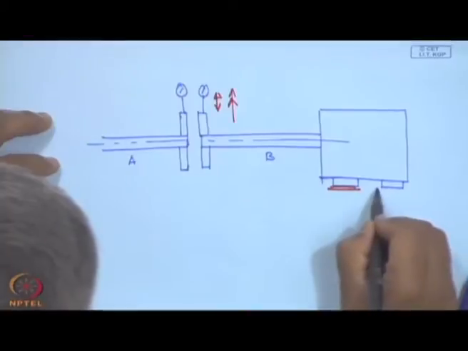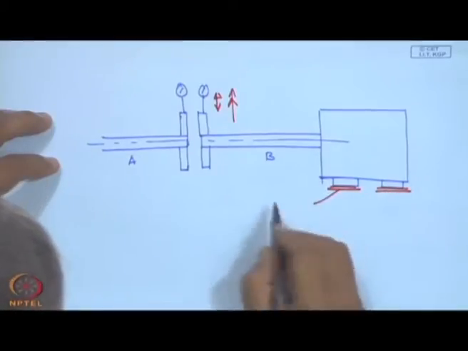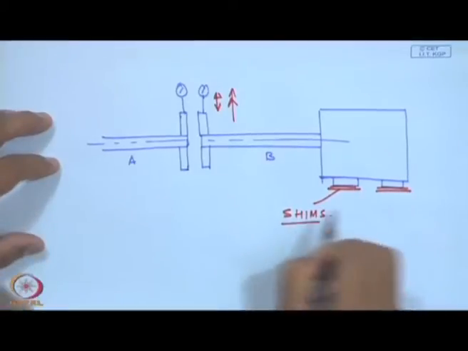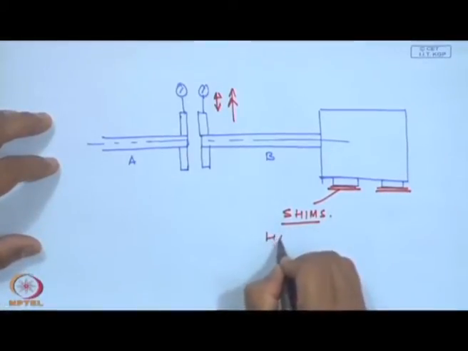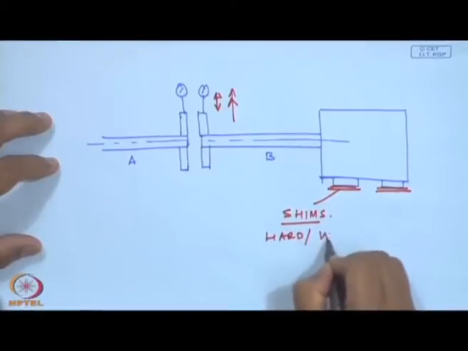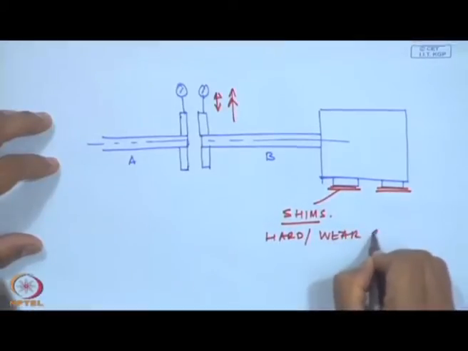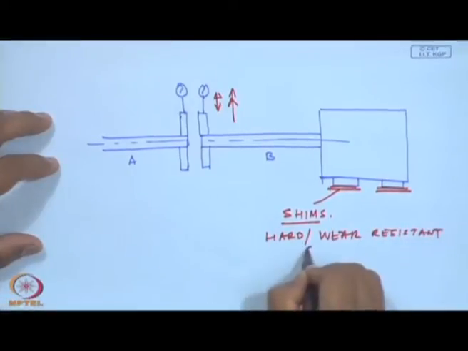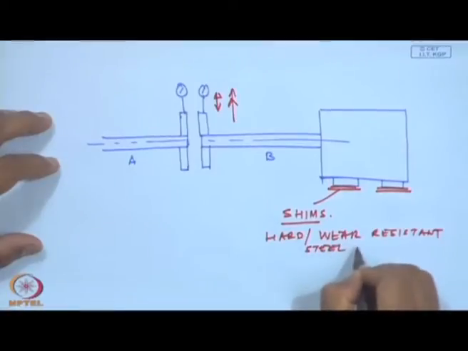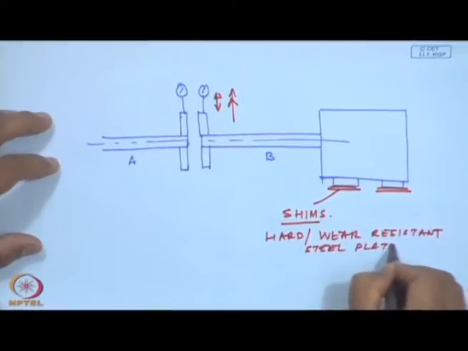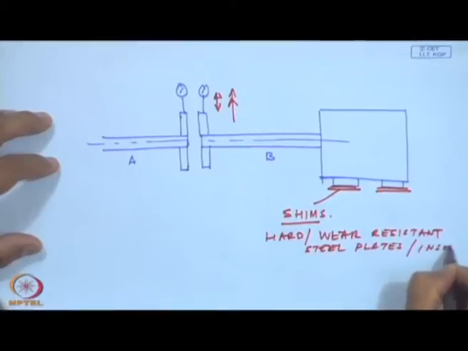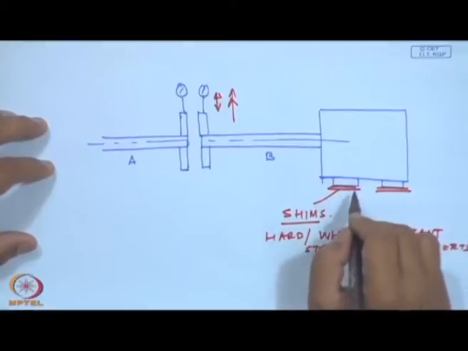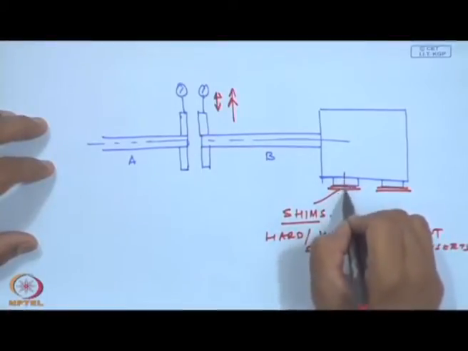In fact, in all of these foundations, there are very thick steel plates known as shims. Shims are very hard, wear resistant steel plates or inserts, which are introduced right at the time of installation, and then we put the foundation bolts.